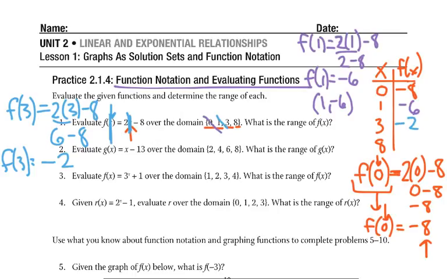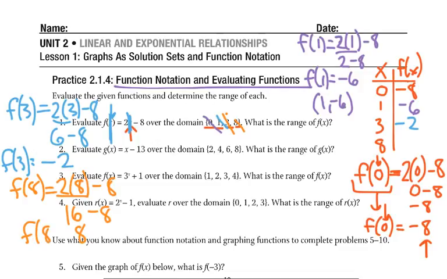An input of 3 gives me an output of negative 2. Then that last one, 8. So f of 8 equals 2 times 8 minus 8. 2 times 8 is 16, minus 8 gives us 8. So f of 8 equals 8. An input of 8 gives me an output of 8.